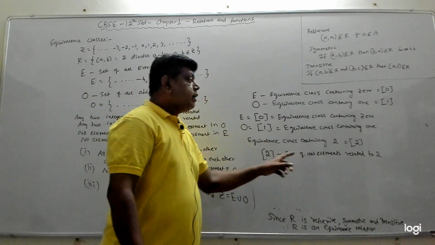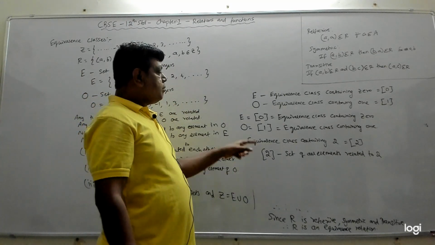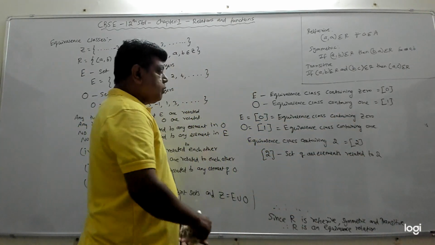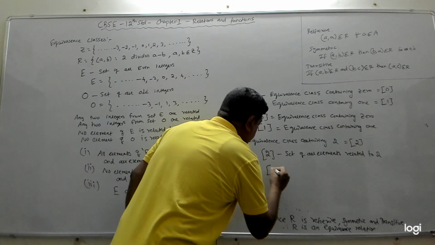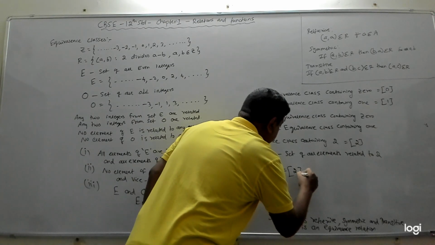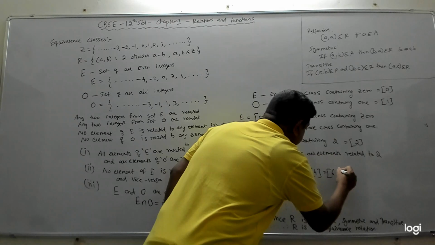Every element in this set E is related to 2, which means every element in this equivalence class containing 0 is related to 2. So your equivalence class of 0 is the same as equivalence class of 2, which is the same as equivalence class of 4, the same as equivalence class of 6.